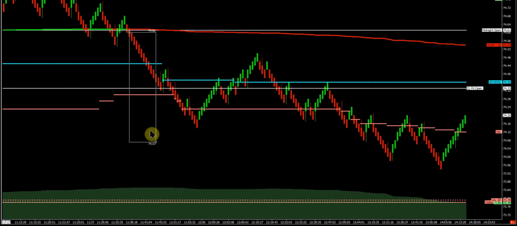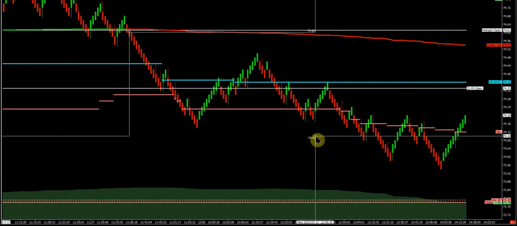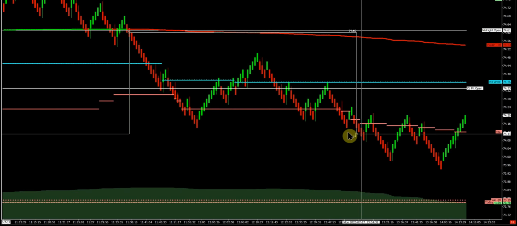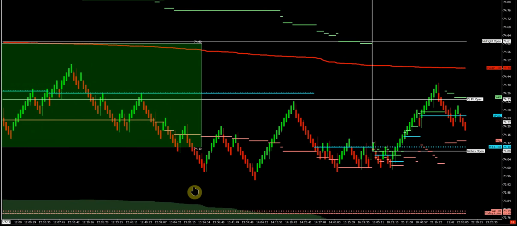Say 74.60, nice round number. You're looking for 74.10 for a $500 move right there. There's your $500 move. Boom, right there. Came back up. Bam. Shorted VWAP, $500 move. Okay, so that's the 17th.